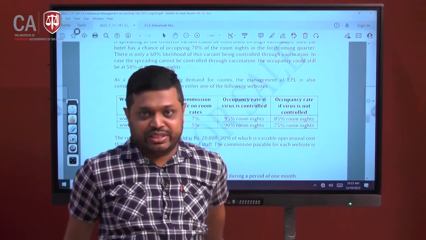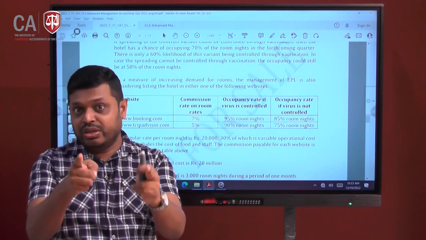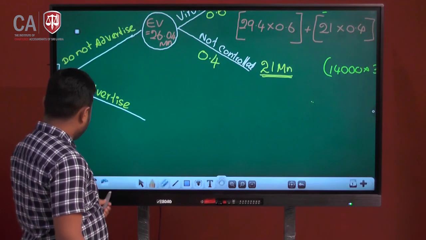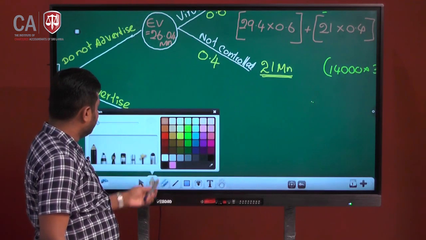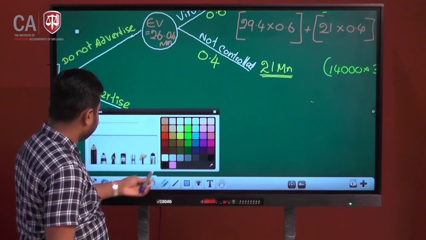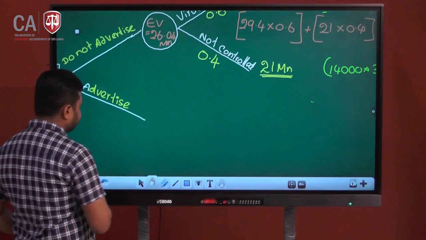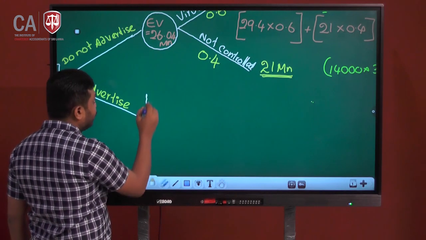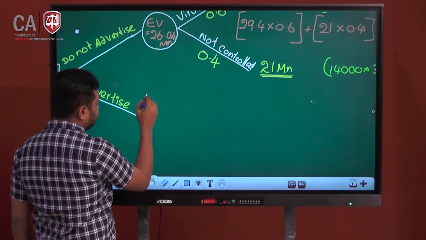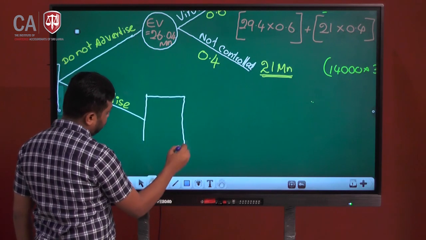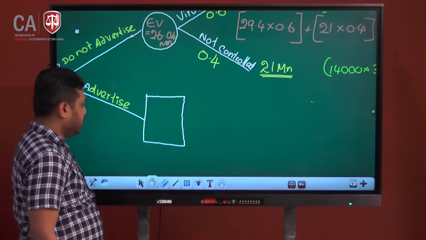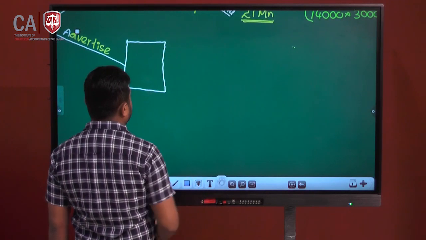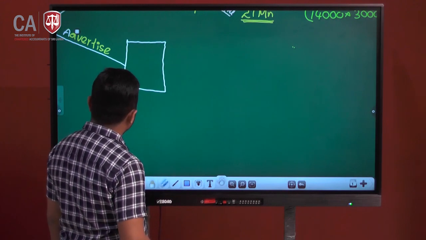You have to make a decision, so you have to introduce a decision node. When you decide to advertise, you have to introduce a decision point.